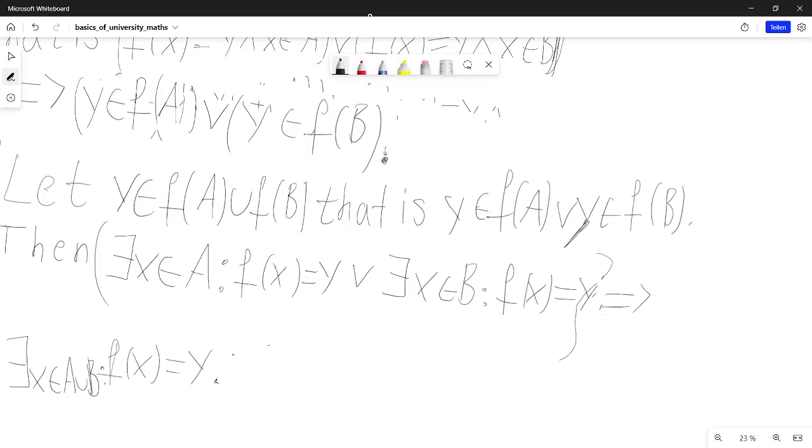And why is that? Well, one of those is true, right? And if one of those is true, well, just fix that some x that does that. For this x, we have f of x equal to y, and then this x satisfies this, right? So that works, and this is equivalent.